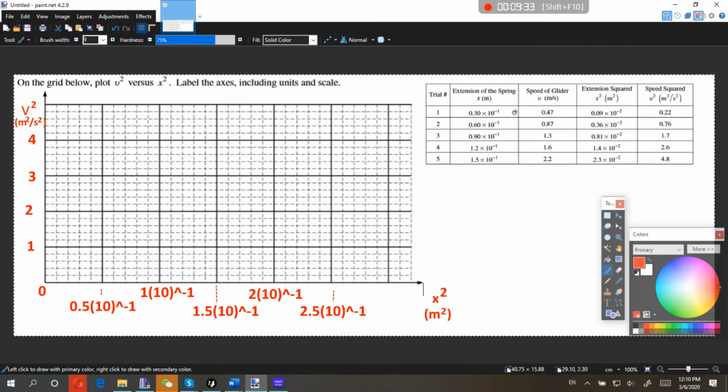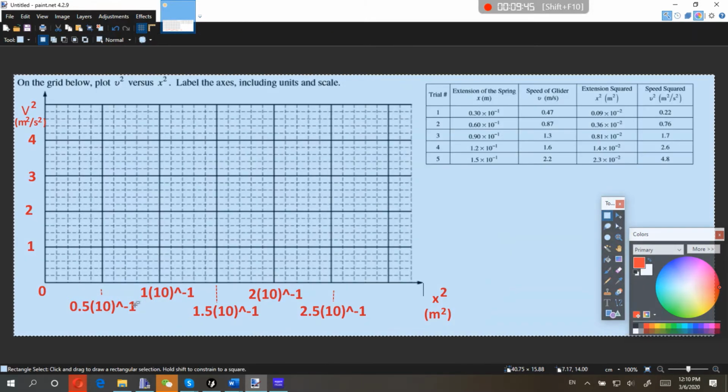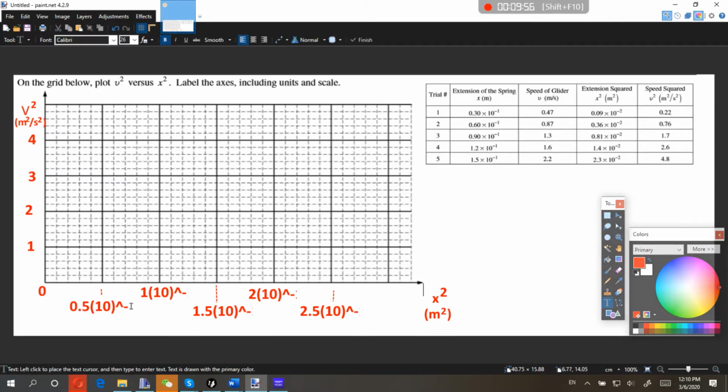So I've got 0.09. Oops. Should all be 10 to the negative 2. My bad. Okay, we should be able to fit everything in this side.